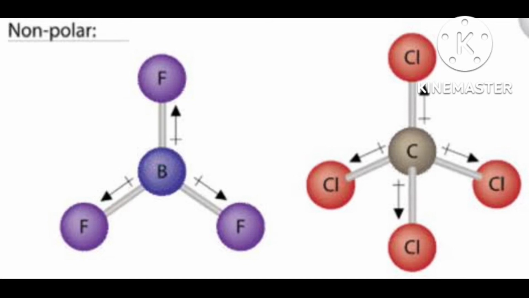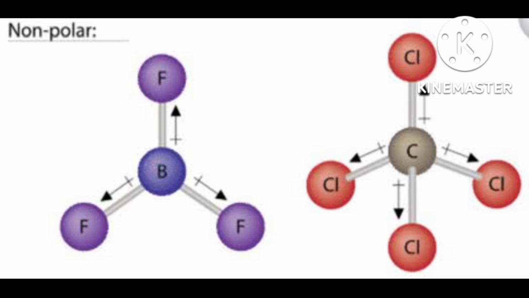The angle is 120 degrees. In the first case, BeF2, I told you it was 180 degrees, a straight line, and there equal dipoles pointed in opposite directions, so it became 0. But here 120 degrees is there, not 180 degrees, and still it is 0.